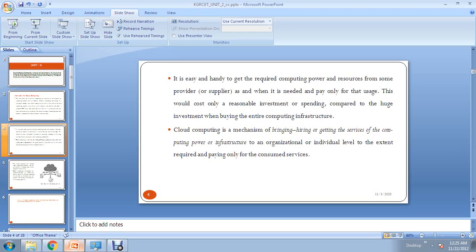Physically storing our data or photos, whatever it may be, is difficult. With cloud computing, you just pay and use only the particular services. This is called the cloud infrastructure. Cloud computing is nothing but a mechanism of hiring or getting the computing power or infrastructure for organizations or individuals, paying as customers for the services.